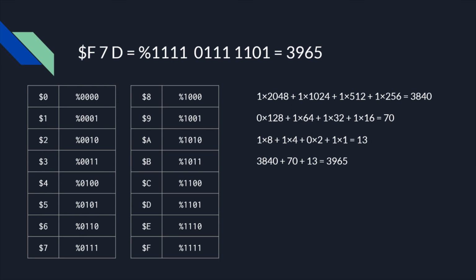Lastly, we see D maps to 1101, so we put that for the last 4 bits. This gives 111101111101 when put all together. If we do the conversion to decimal, which I have quickly done here, we get 3,965, which is exactly what we expected.